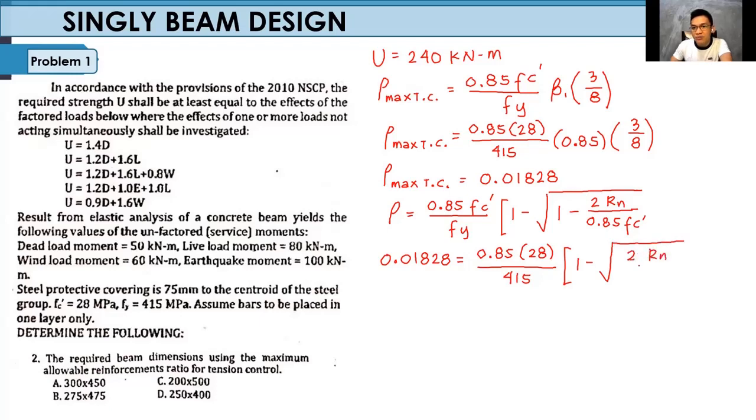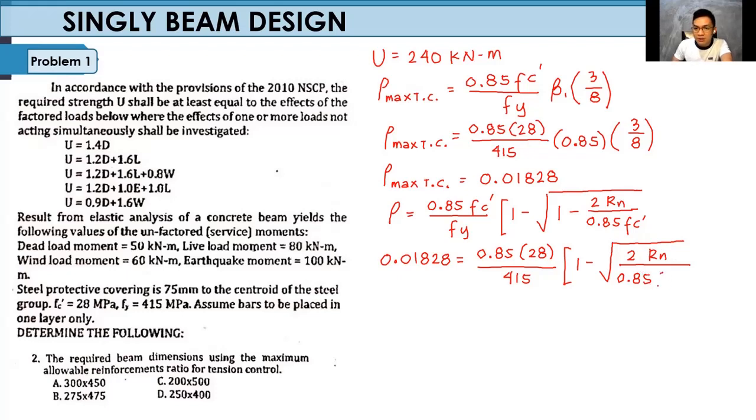So therefore, Rn yung makukuha natin dito by using the function of our calculator, which is yung shift solve. Di ba? So if hindi na siya available or hindi na yun pwede sa board exam na calculator, ano-mano lang, nailipat mo lang lahat hanggang Rn na lang yung remaining.